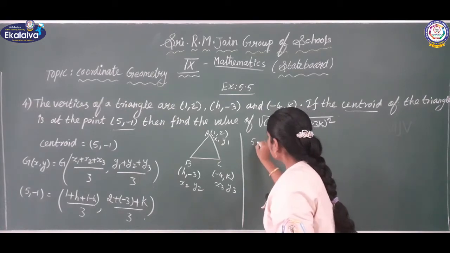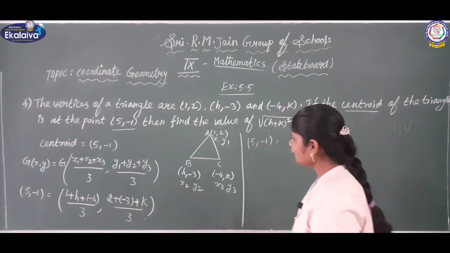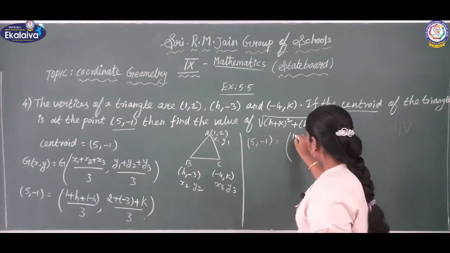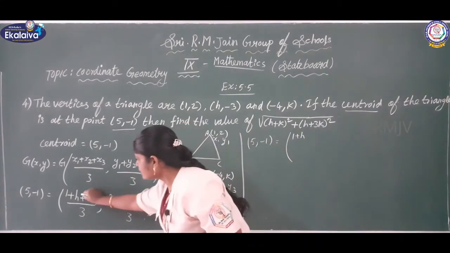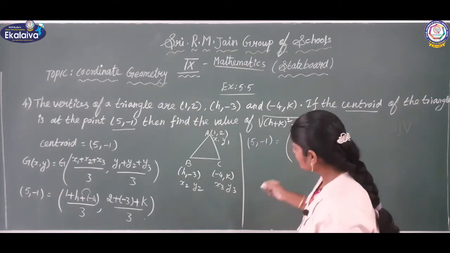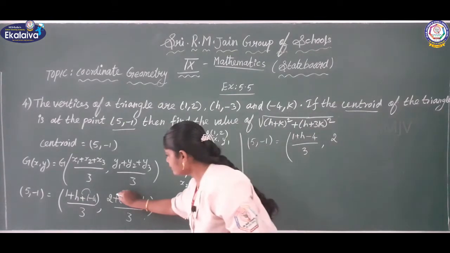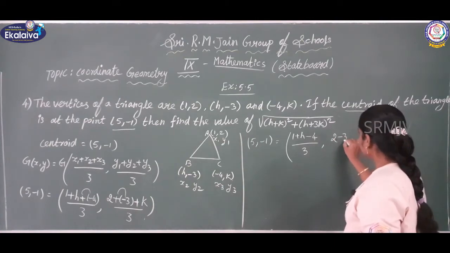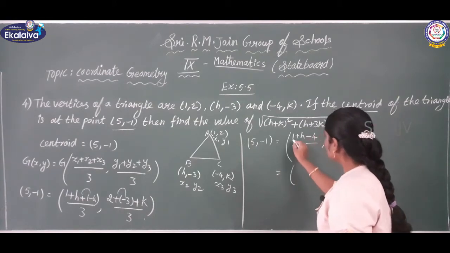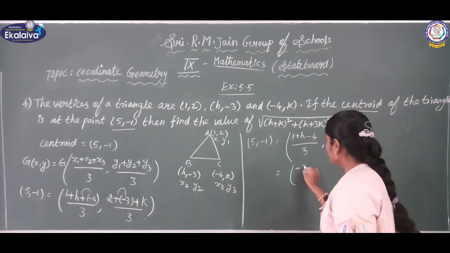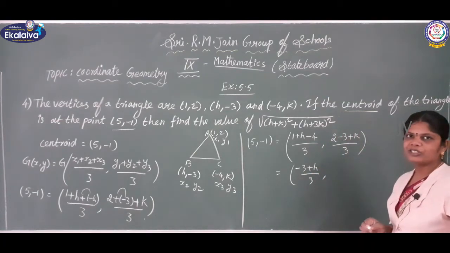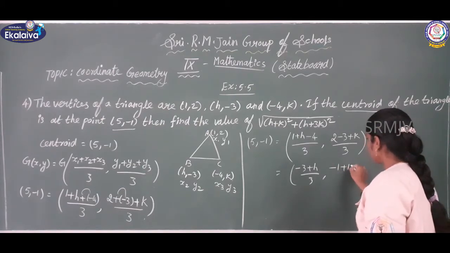So 5, minus 1 equal to, here 1 plus h plus minus 4 by 3, 2 plus minus 3 plus k by 3. So 1 plus 1 minus 4, you will get minus 3 plus h by 3, 2 minus 3, what you will get children? Minus 1, minus 1 plus k by 3.